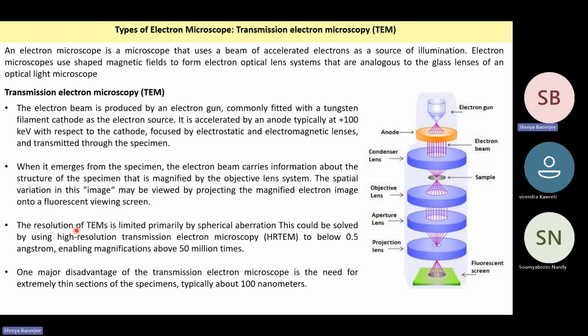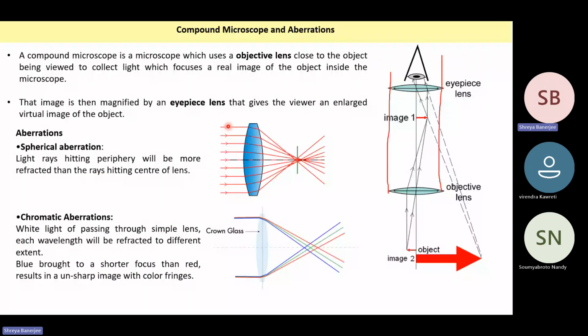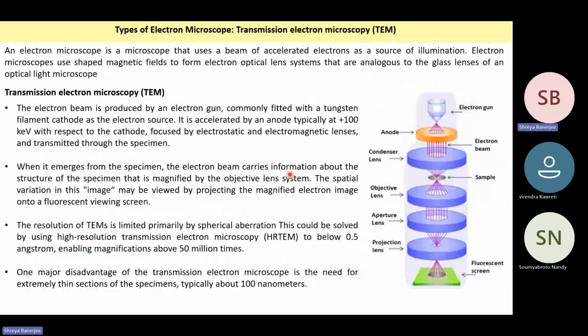Now, the resolution of transmission electron microscopy, or TEM, is limited primarily by spherical aberration. If we look back, spherical aberration was basically when the beam of light striking at the edges of the lens was being refracted to a different extent compared to the beam of light striking in the middle of the lens. So here also the same thing happens.